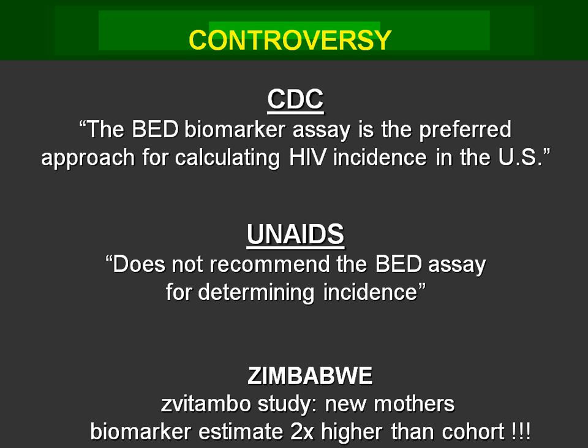It was found that the biomarker approach that I just outlined gave an estimated incidence that was 2 times higher than the cohort approach. So the problem is, which is right here?